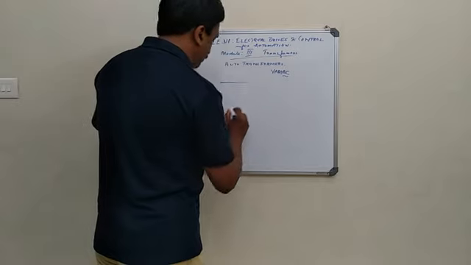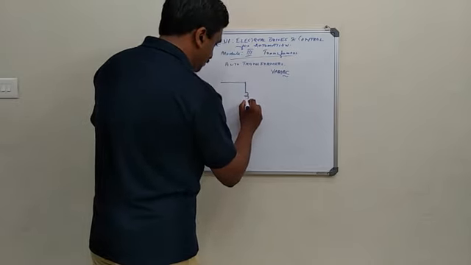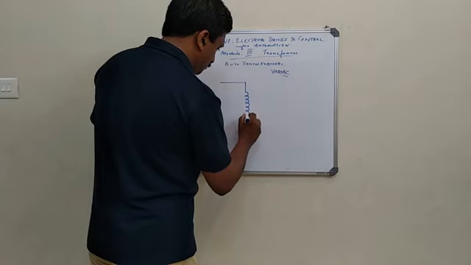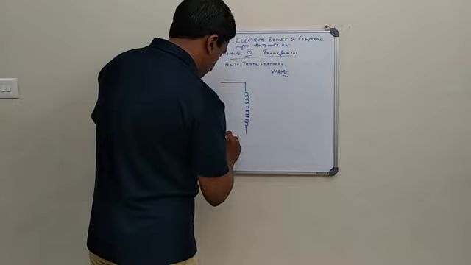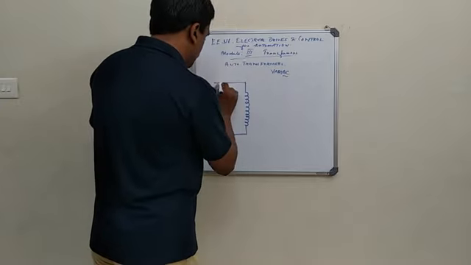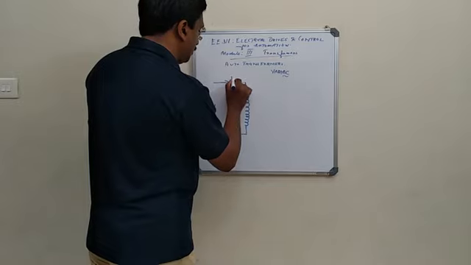So we have the supply side, P1. Normally we will give notation like this.